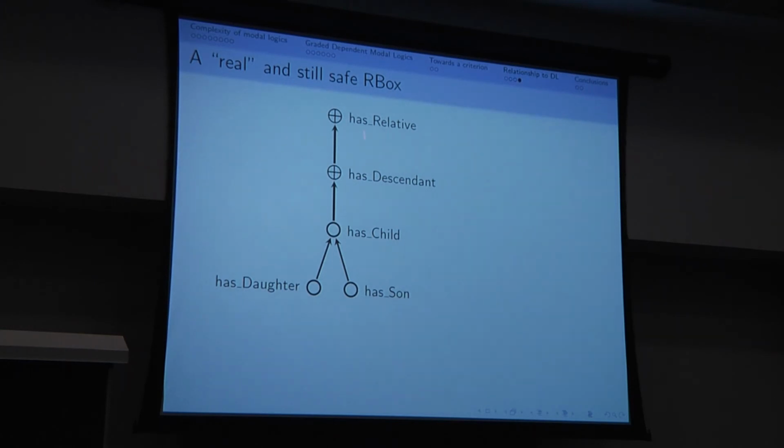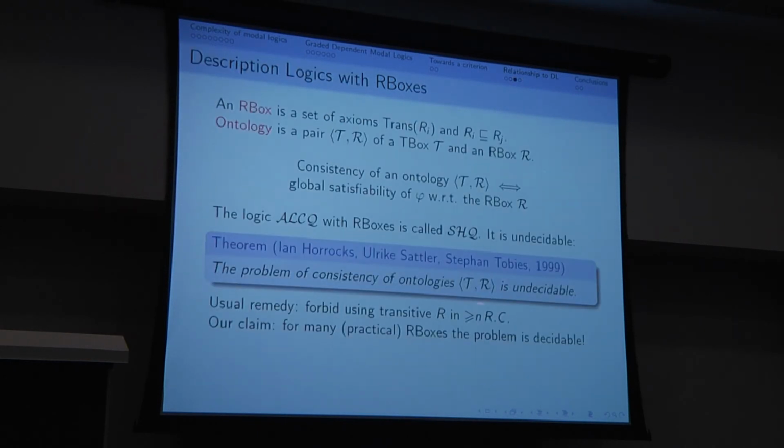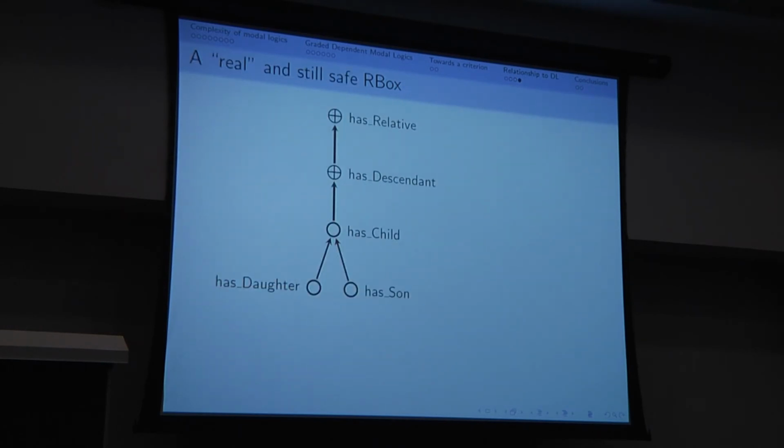All transitive roles are comparable. So if you have only these relations and this RBox in your ontology, you can use these relations in number restrictions, in graded modalities, and still have a decidable logic. However, the reasoning algorithm, of course, will be different.